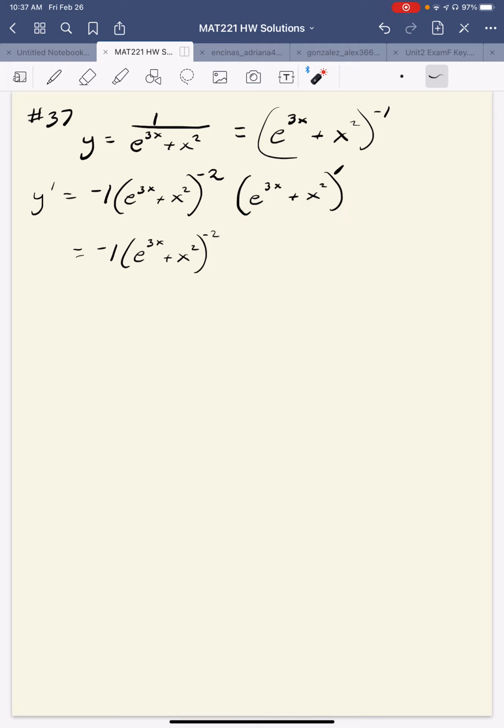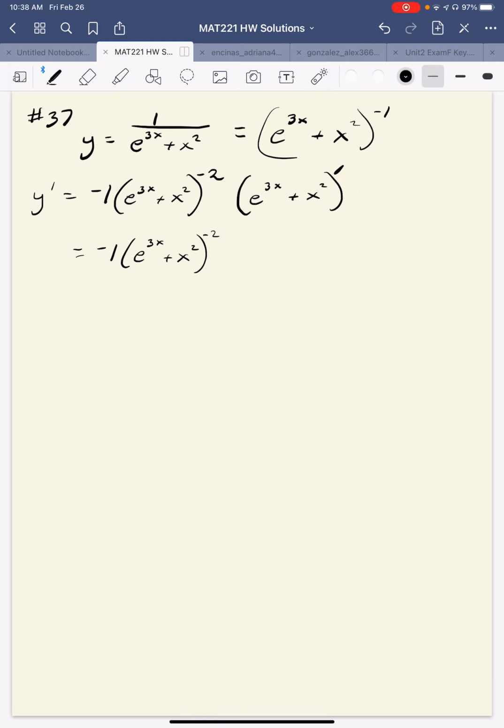Now I see when I go to take the derivative of this first term, that in itself is also a composite function because it's not simply e to the x, it's e to the 3x. So that will cause me to use the chain rule once again. So you can see in this problem, I'm having to use the chain rule twice. I used it first here, and now I'm going to have to use it again on this term.